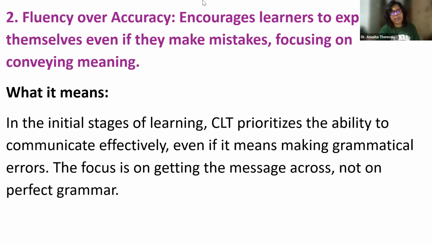This communicative language teaching method is very supportive to students. This method encourages fluency over accuracy. So they want students to talk. It doesn't matter even if they make grammar mistakes. That is at the initial stage of learning.